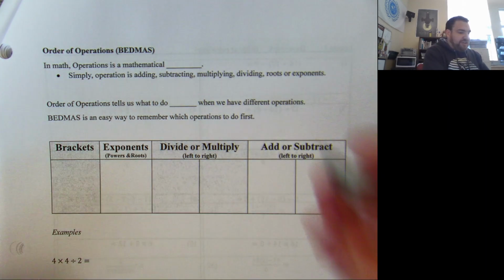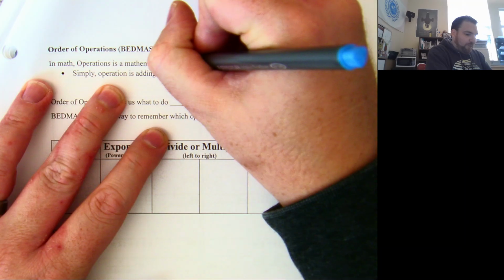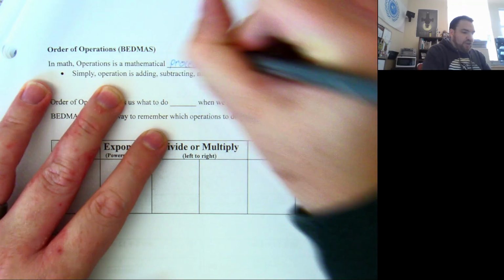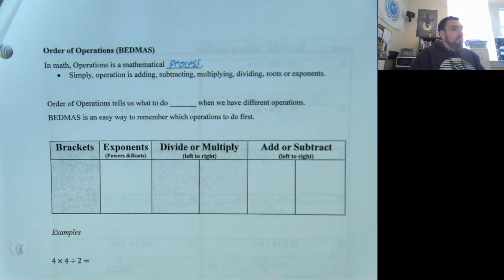Operations in math are just mathematical processes. So things like adding, subtracting, multiplying, dividing, roots, exponents.